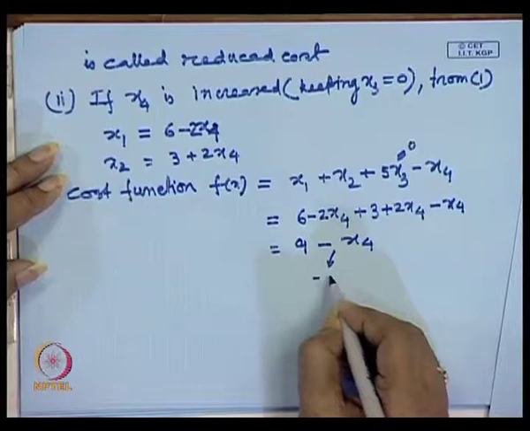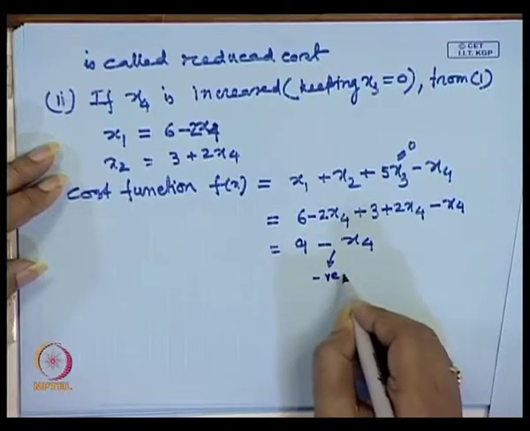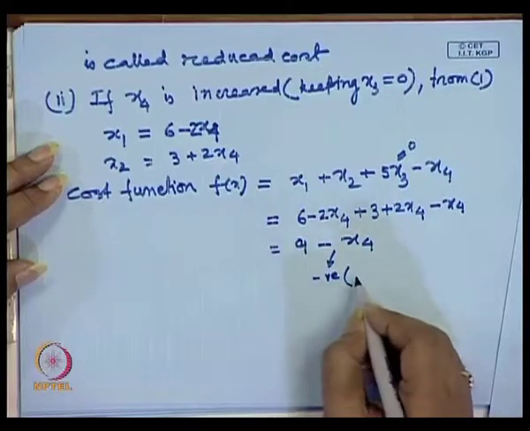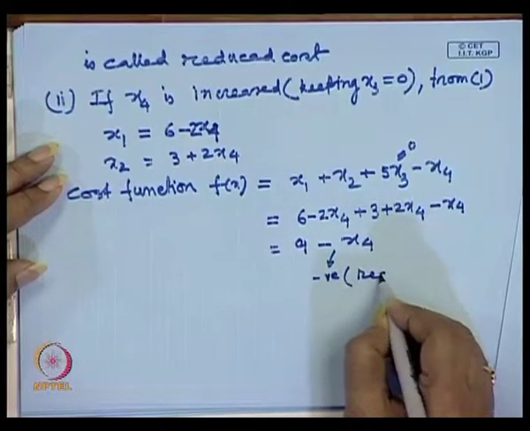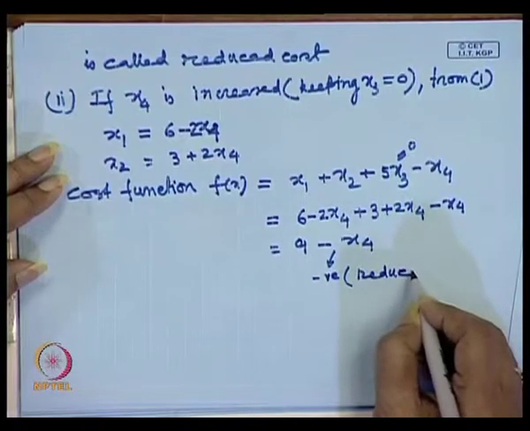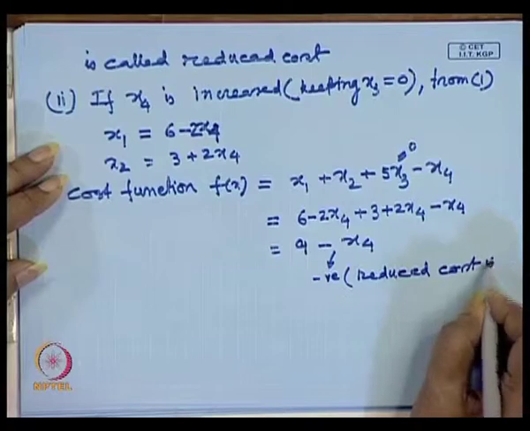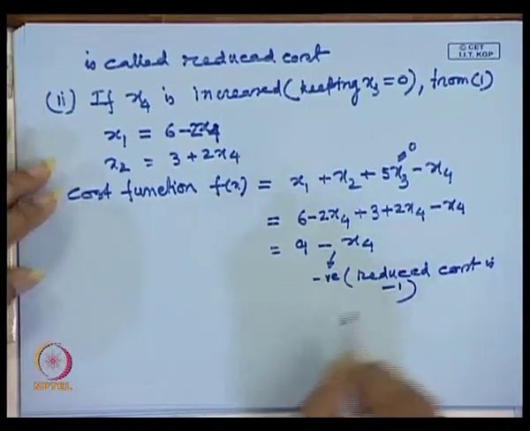Agree? The reduced cost is minus 1, negative, the coefficient is minus 1, agree, negative minus 1.